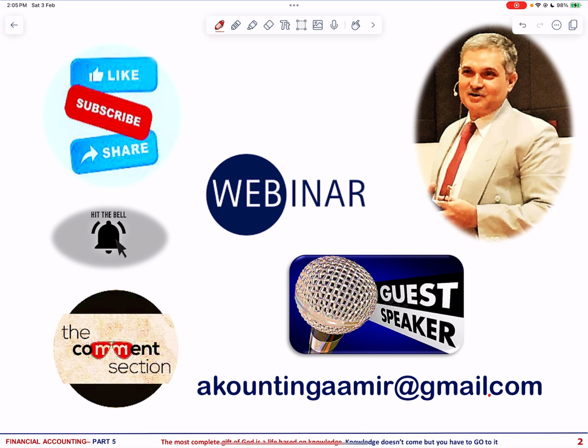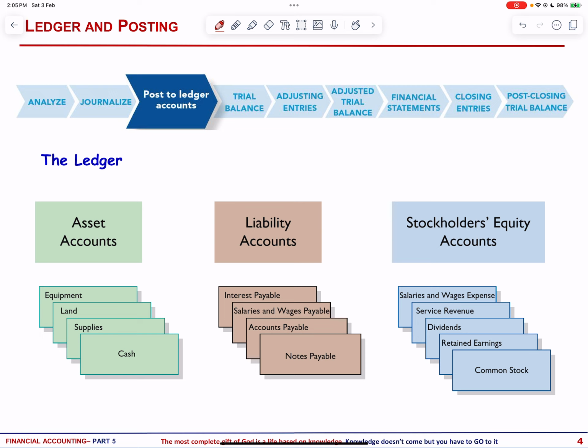A ledger, commonly referred to as a general ledger, serves as a comprehensive record of a business's financial transactions. It provides a summary of all revenue, expenses, debts owed, and assets owned by the business.